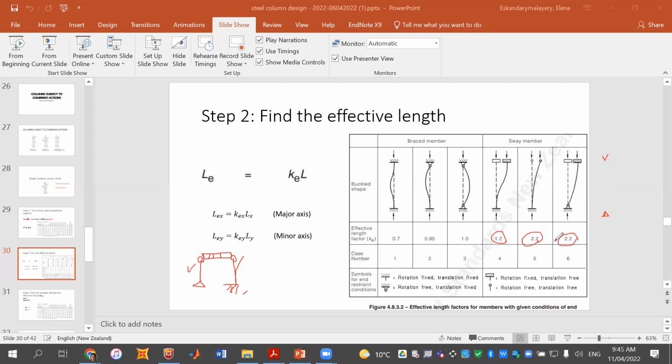As you can see, these two are the highest numbers in the table. So if you are not sure if for this case you want to use this one or this one, it is safer to choose the higher number. So it is better to use the higher number in case you are not sure which one would be more suitable.